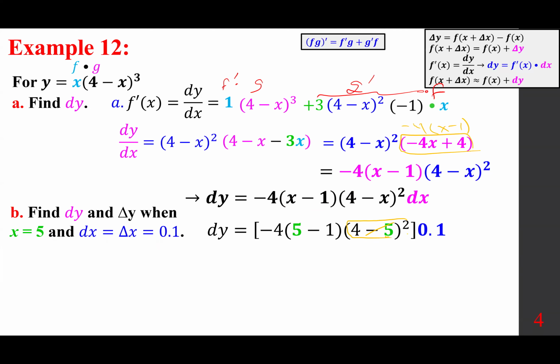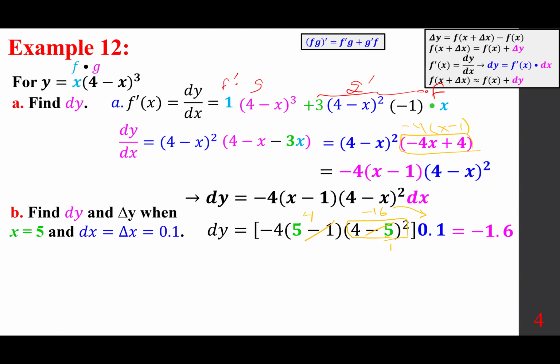The entire thing just becomes 1. And this is 4. So 4 times negative 4 is negative 16. Now negative 16 multiplied by 0.1, you get negative 1.6. So it can easily be calculated.